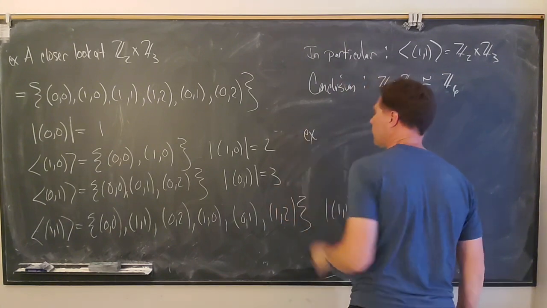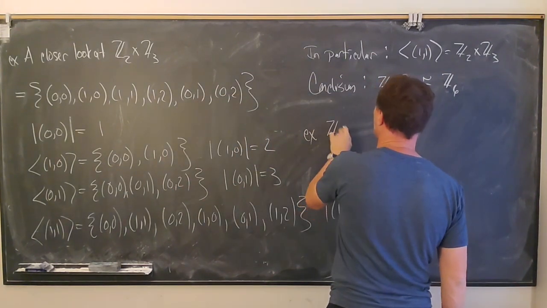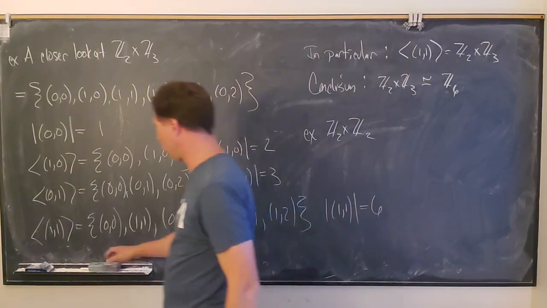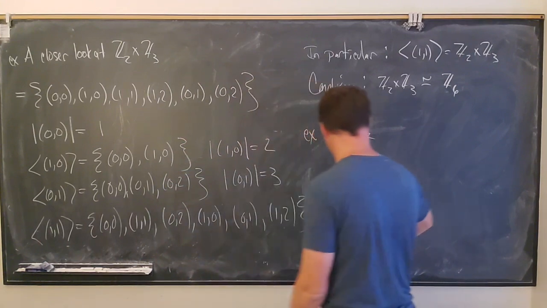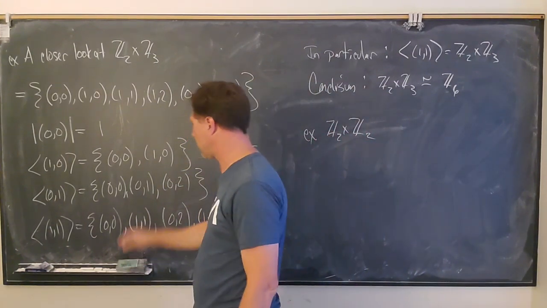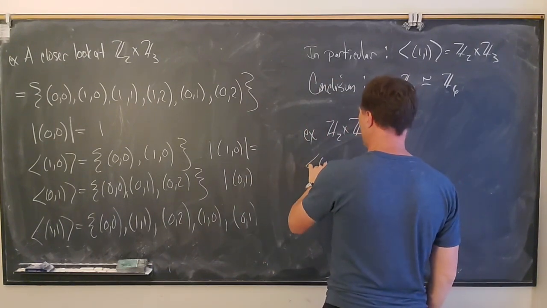As another example, let's look at Z2 cross Z2. And so I want to just run through the orders. Of course, the identity has order 1, but if we look at the other elements, so let's see, the subgroup generated by (1, 0).